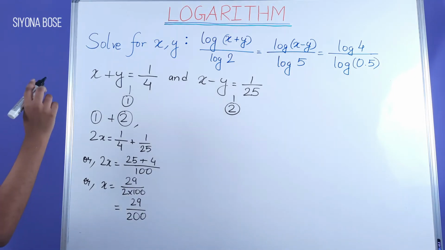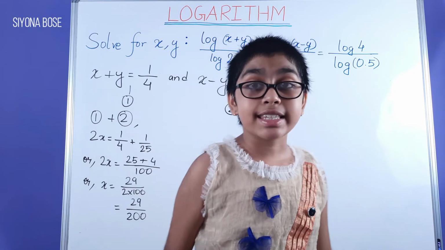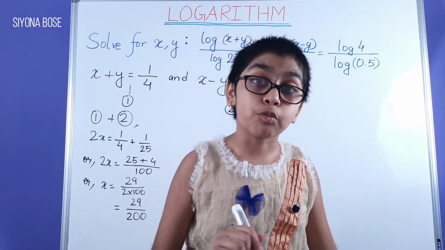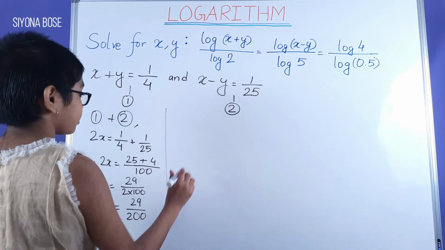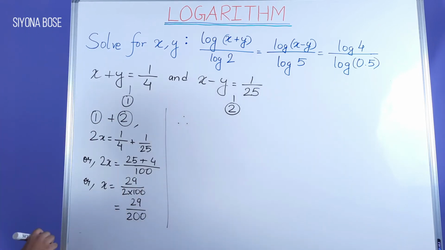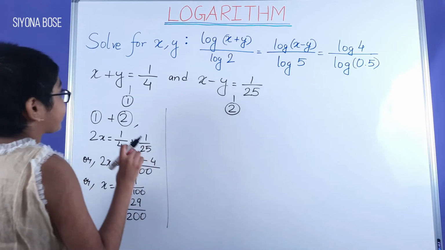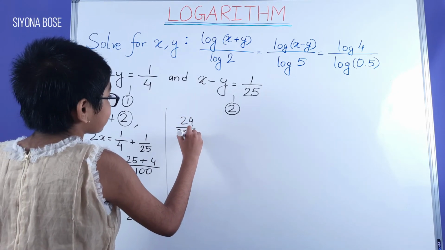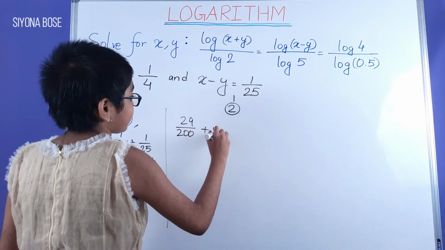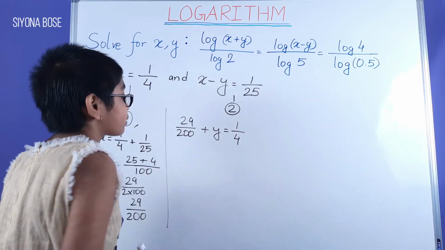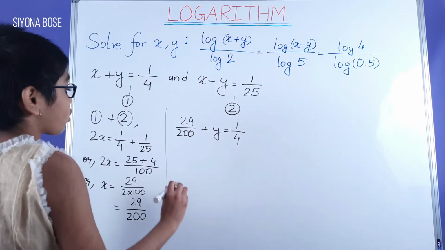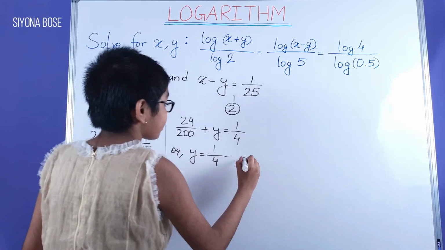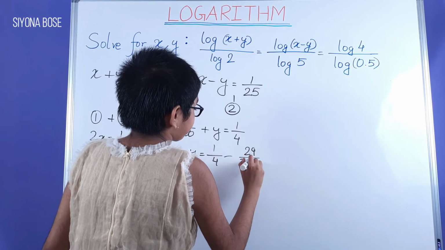And for y, we can substitute the value of x in any one of 1 and 2, and I prefer to substitute it in 1. Therefore, after substituting in 1, we get 29 by 200 plus y equal to 1 by 4. Do a transposition, so y equal to 1 by 4 minus 29 by 200.